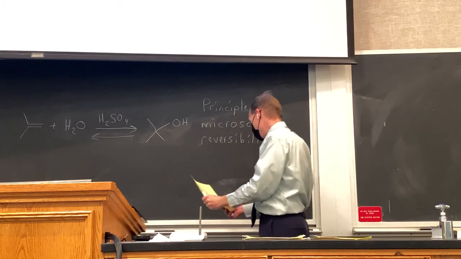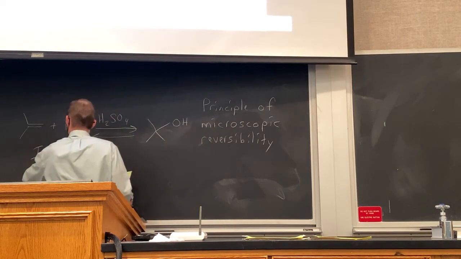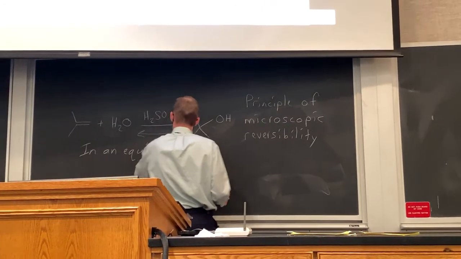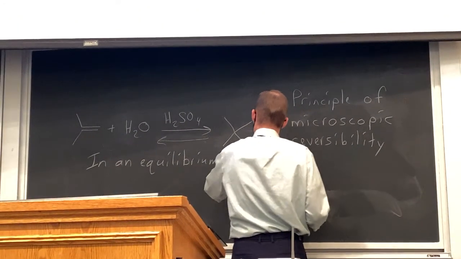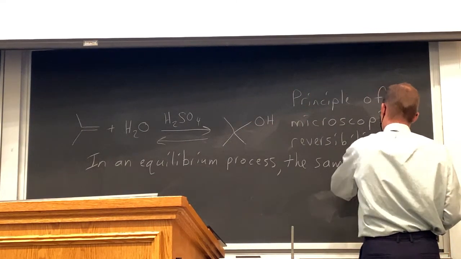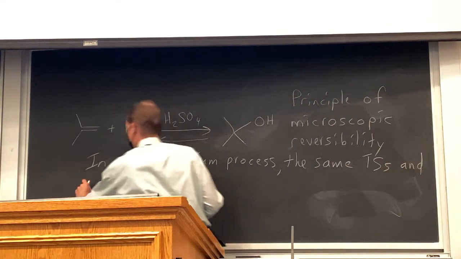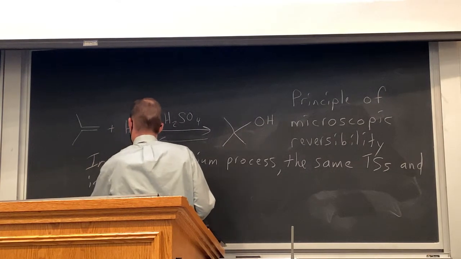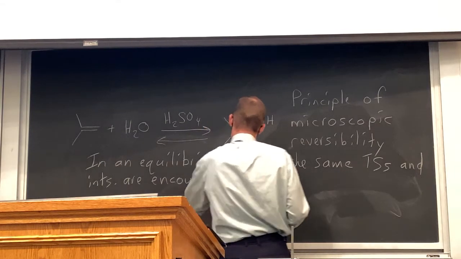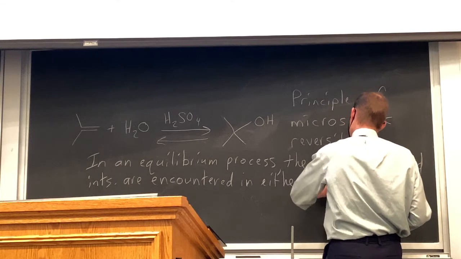And what the principle of microscopic reversibility tells us is that in an equilibrium process, the same transition states and intermediates are encountered in either direction. Okay?